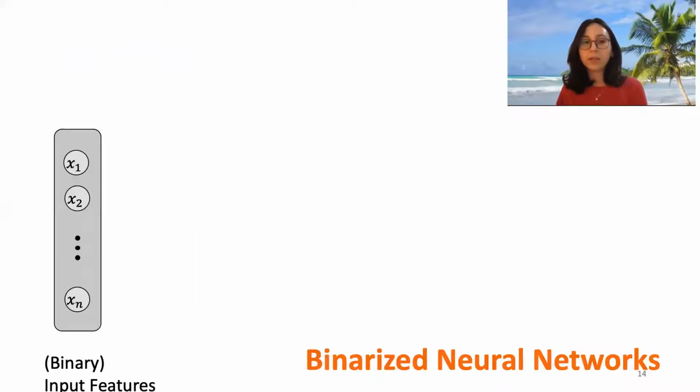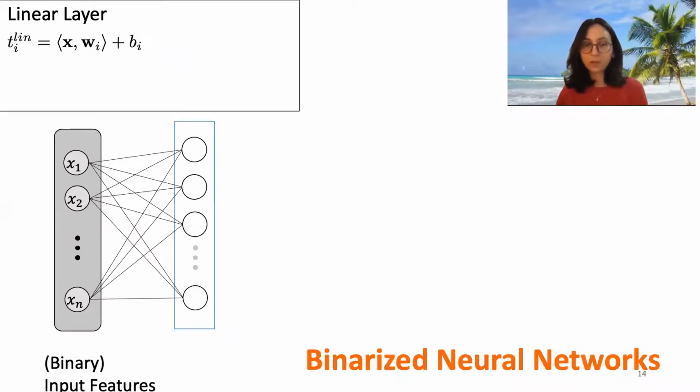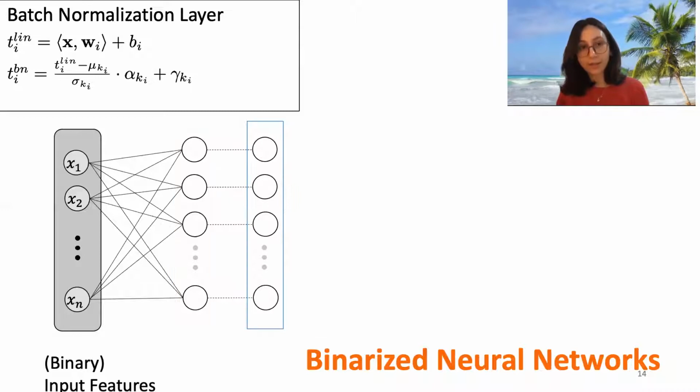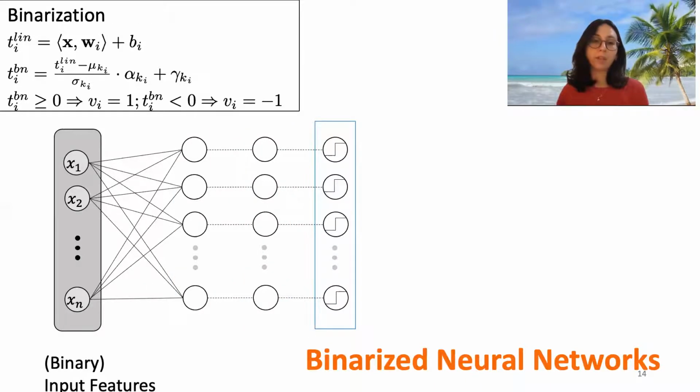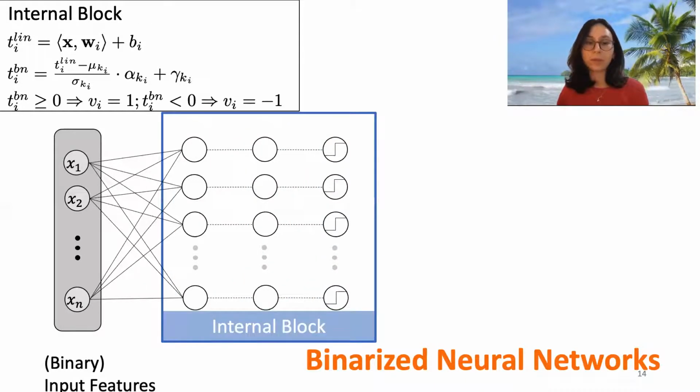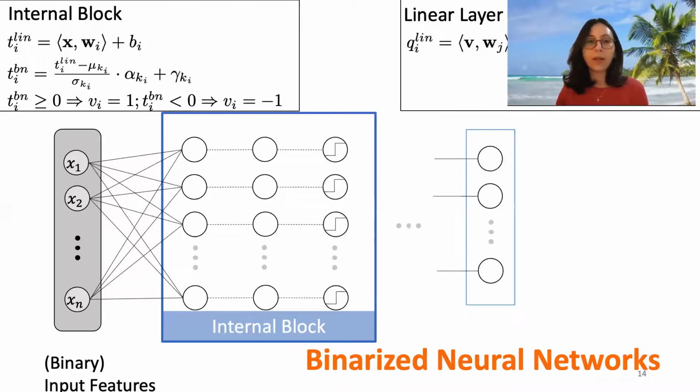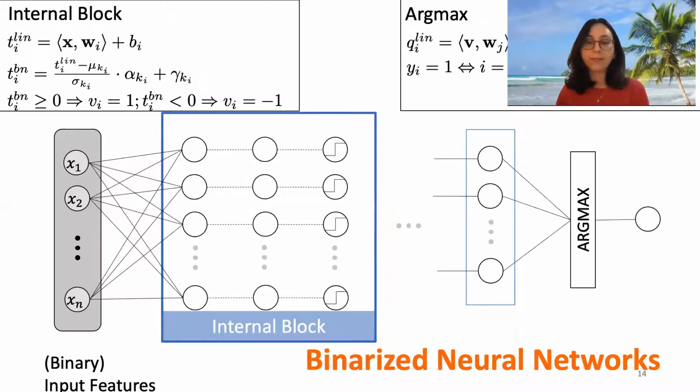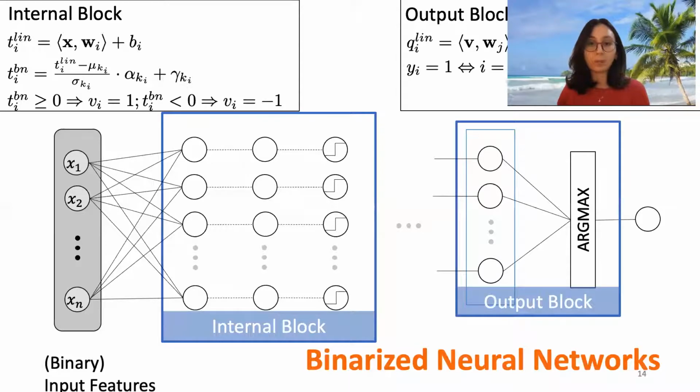So more specifically, it takes as input a binary set of features. It goes through a linear layer, then a batch normalization layer, and then goes through the activation. These 3 transformations make up an internal block, and the binarized neural network can be made up of several of these internal blocks. And at the output, it will have a linear layer followed by an argmax, and this is the output block.